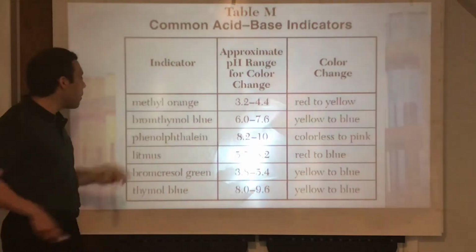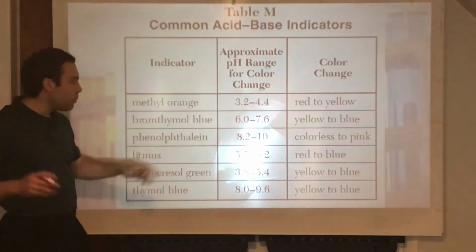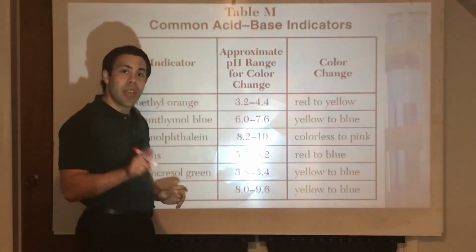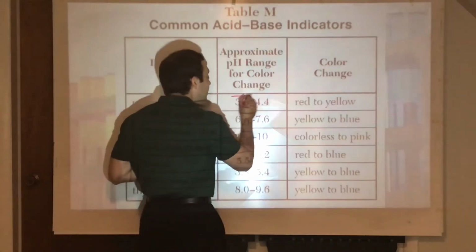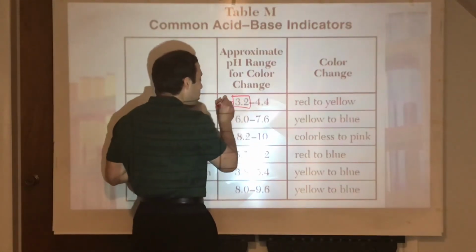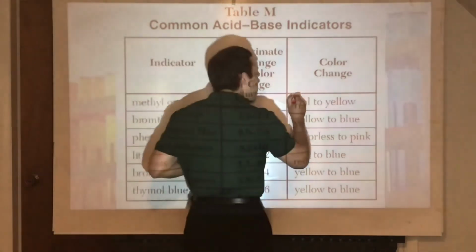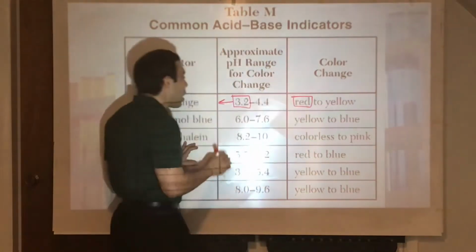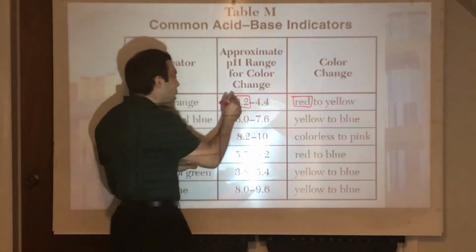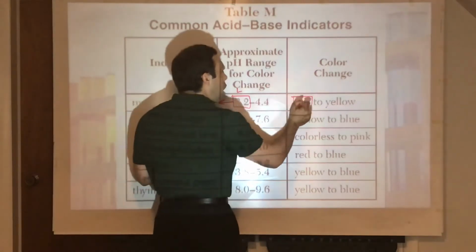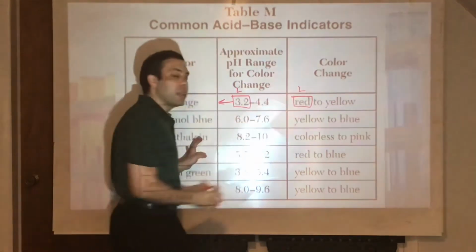For the first one, methyl orange has a pH range of 3.2 to 4.4. That means at a pH of 3.2 or below, this indicator, methyl orange, will be red. The pH value, the number on the left, corresponds to the color on the left.